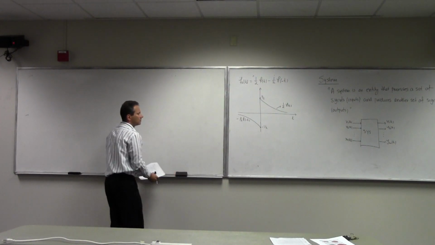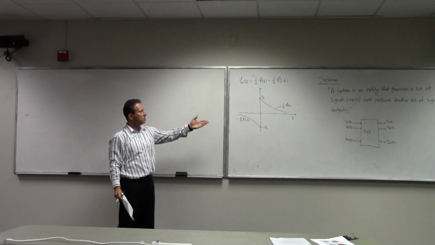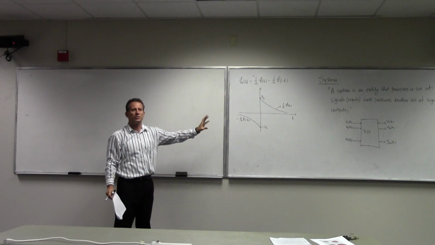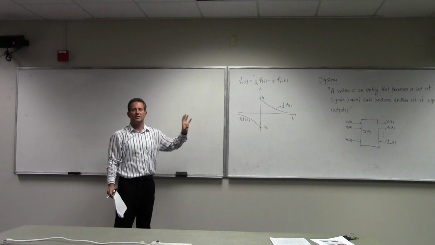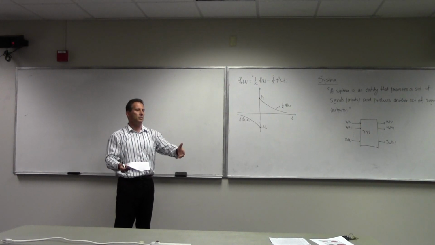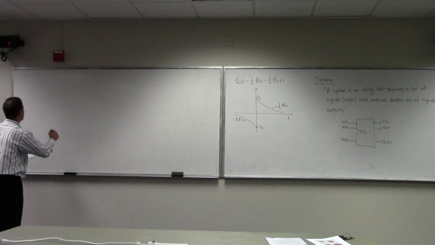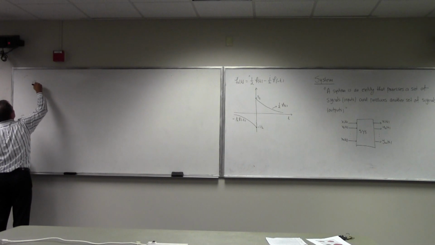I don't need to build a big case for why this is useful. You can think of many examples where you have a box that you feed some signals at the input and you get some signals at the output. What the system theory does is three things.